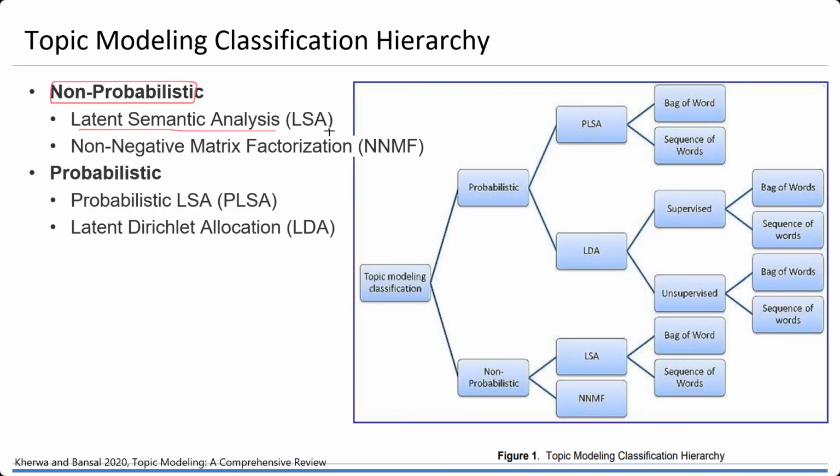So we'll take a look at LSA, latent semantic analysis, and non-negative matrix factorization. And for the probabilistic algorithms, it is about probabilistic LSA or PLSA and LDA. So let's see if the time is okay. I will explain this one, but if the time is not enough, maybe this is just for your future study.